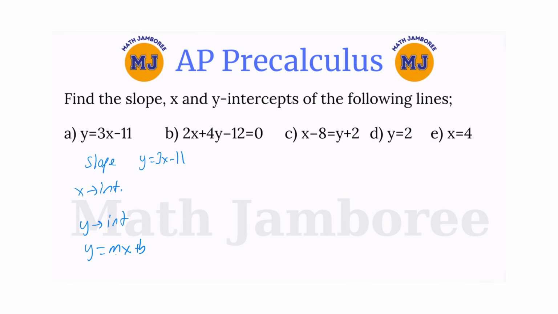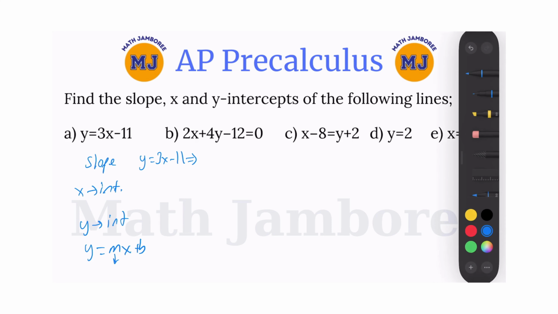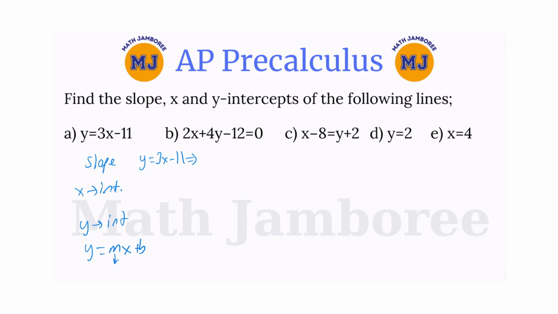So in this case, the m is the slope. The number in front of the x is the slope. So therefore, the slope of A is just 3.